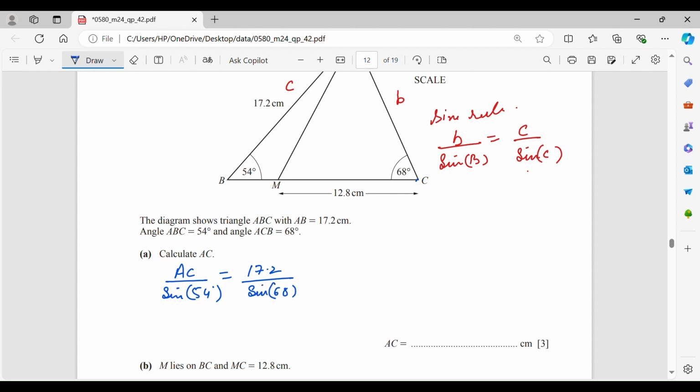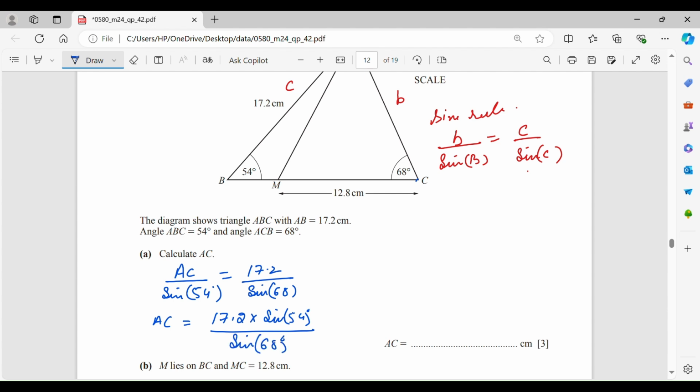Now this AC will be equal to 17.2 times sine 54 degrees over sine 68 degrees, right?